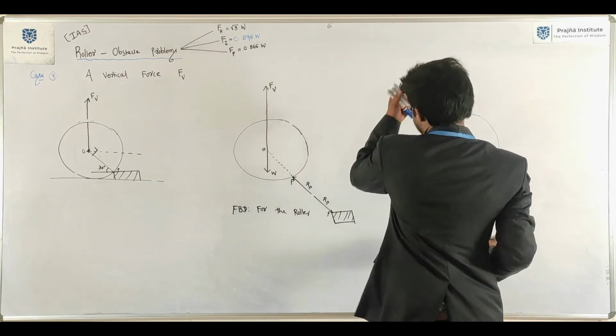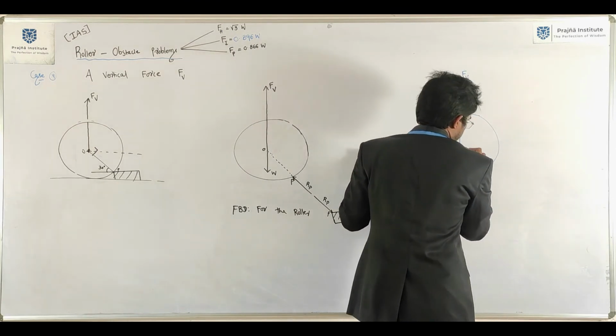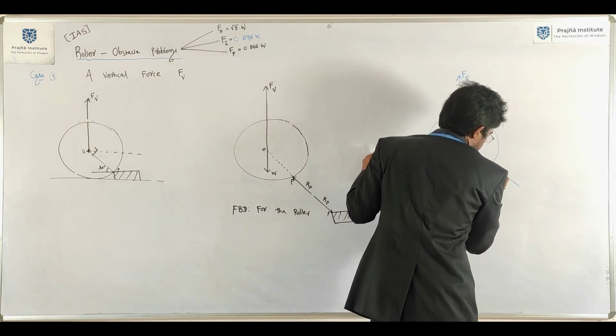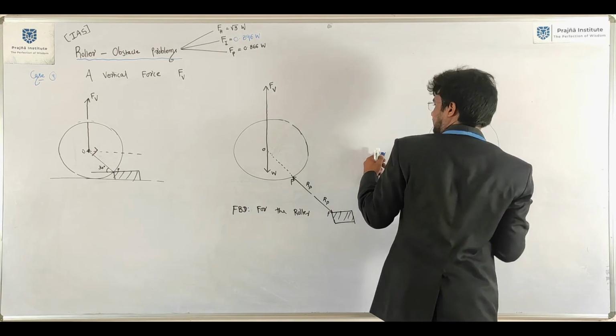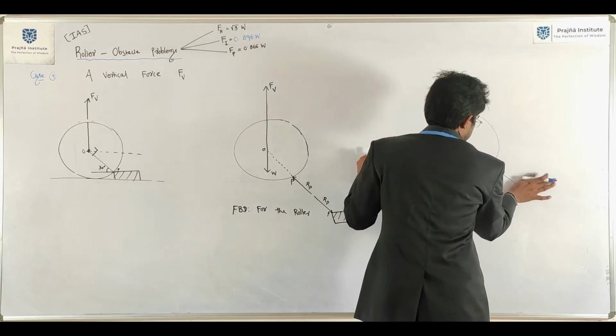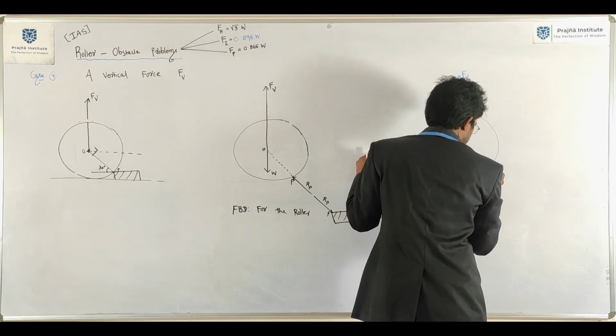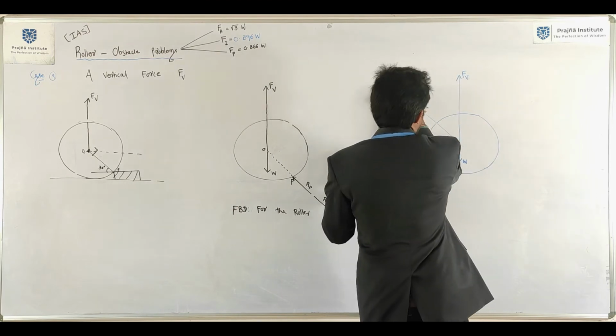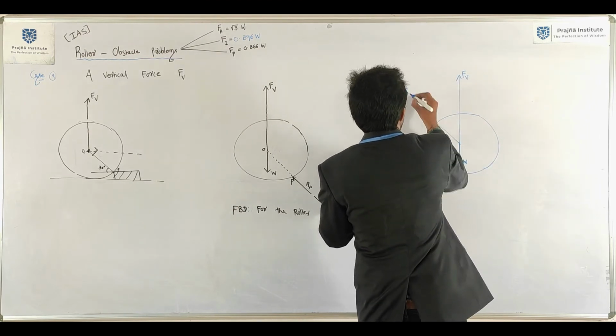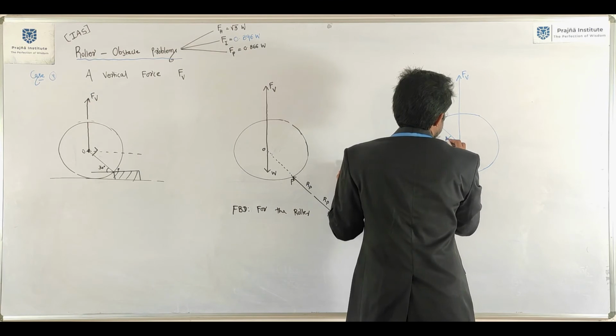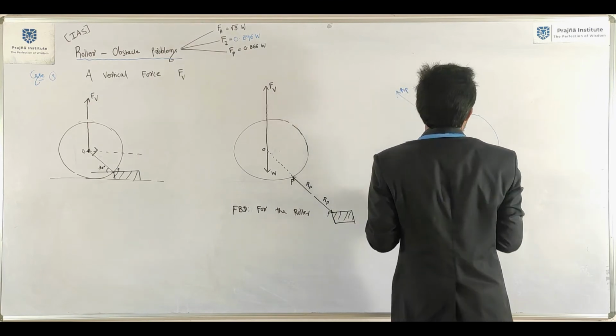Vertical force always acts like this. RP will be acting, so this is RP. It is making an angle 30 degrees, FE.